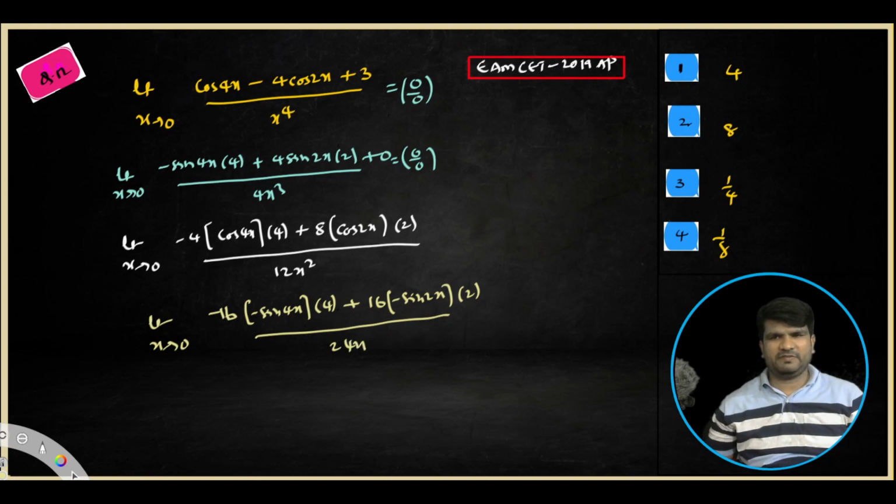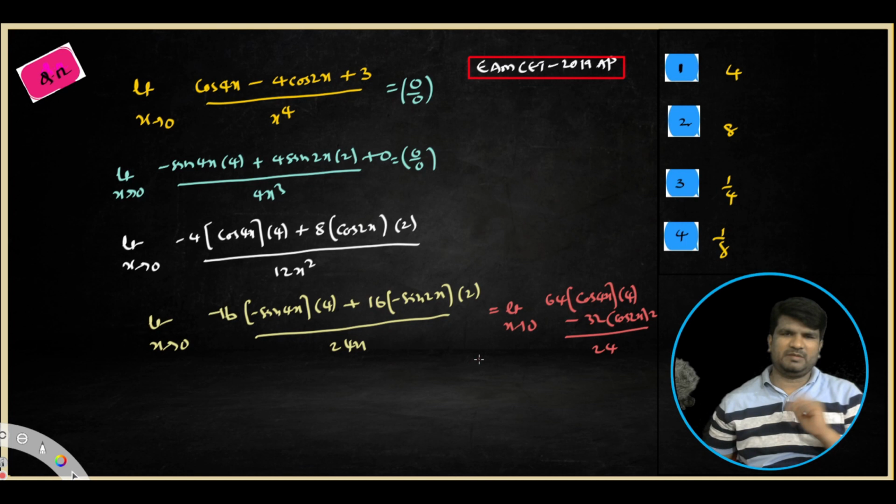If you differentiate again with respect to x, minus into minus is plus: 16 4s are 64, differentiation of sin 4x is cos 4x into 4, and minus 16 2s are 32, differentiation of sin 2x is cos 2x into 2, whole divided by the differentiation of 24x, which is 24.